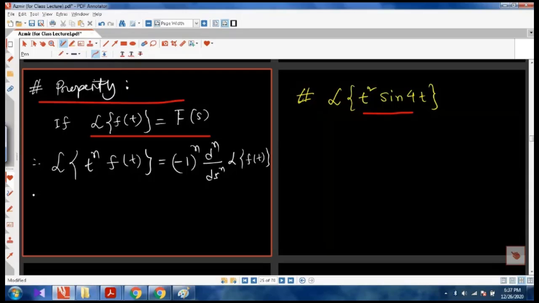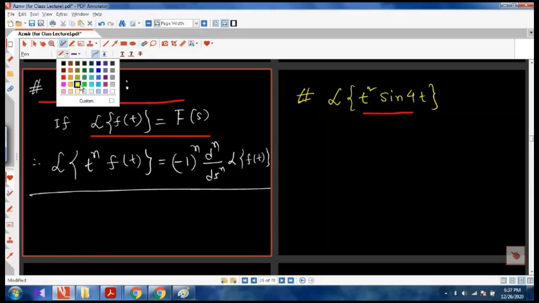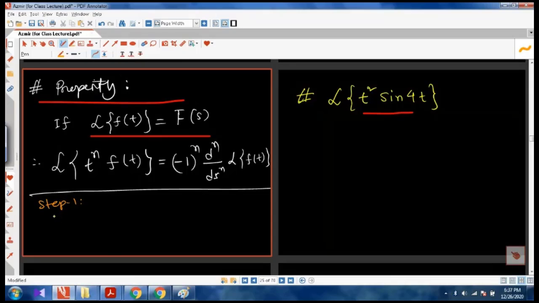So at first sight, what we have to do in step 1 is try to find f of t, and also note down the value of n. These are the informations we need at step 1.